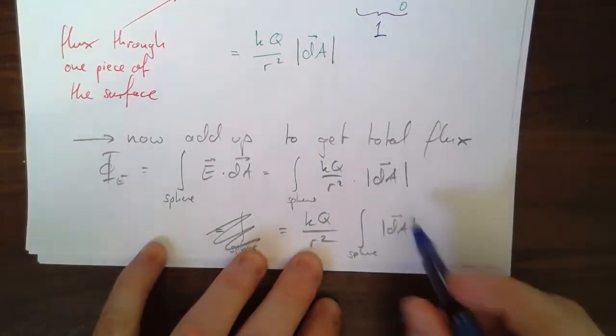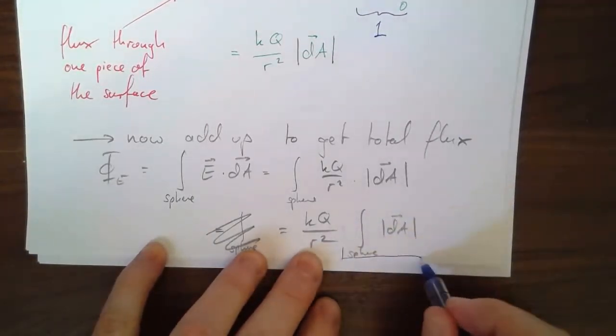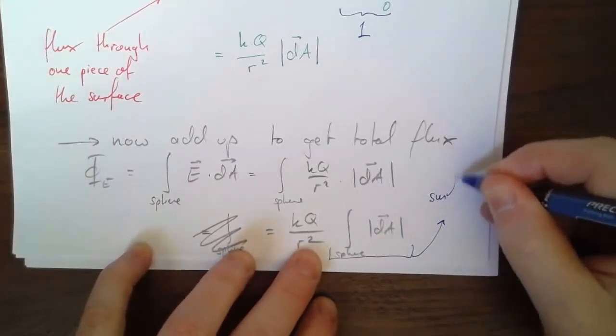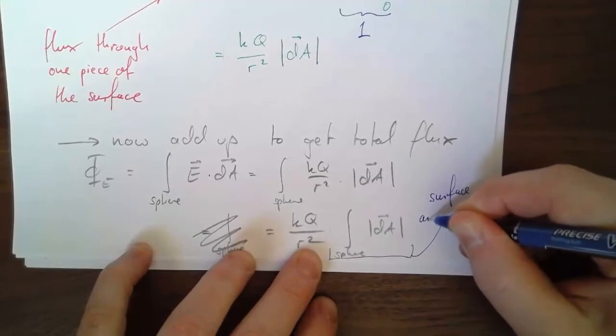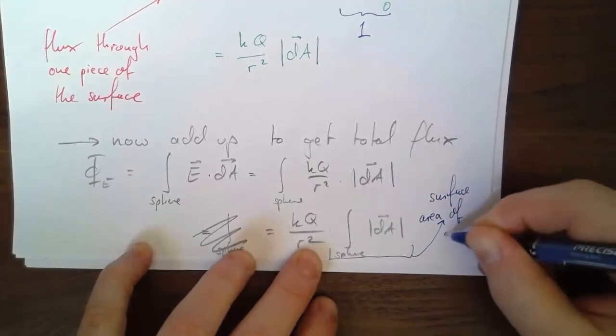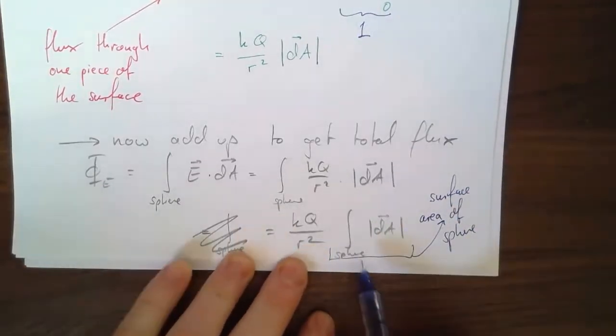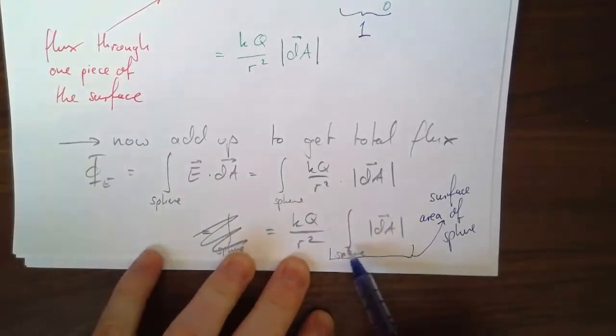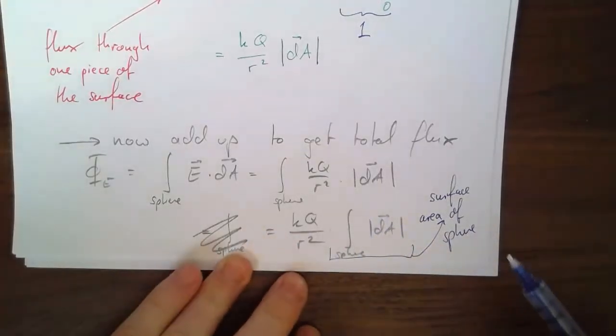Well, that means this whole thing here is just the surface area of the sphere, right? If I'm adding up tiny pieces, and my condition is I'm adding until I've built the whole sphere, but all I'm adding up is the area of each one, I just get the total area in the end.